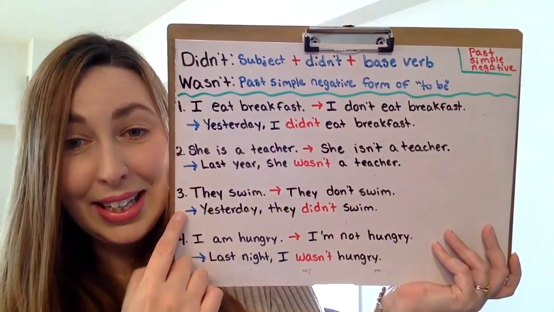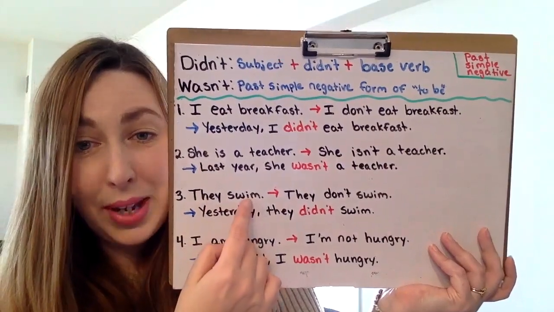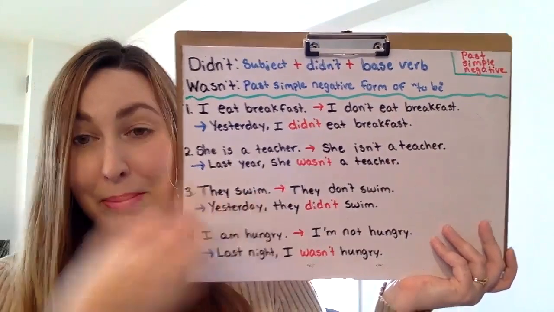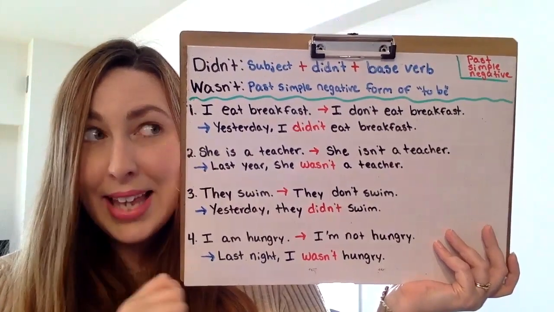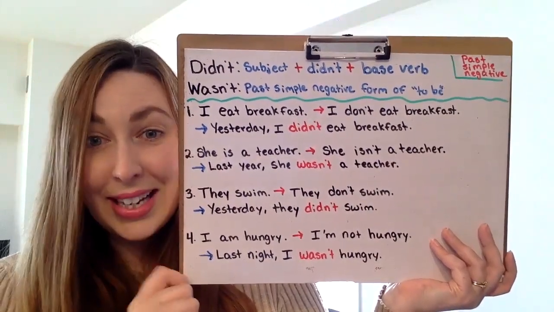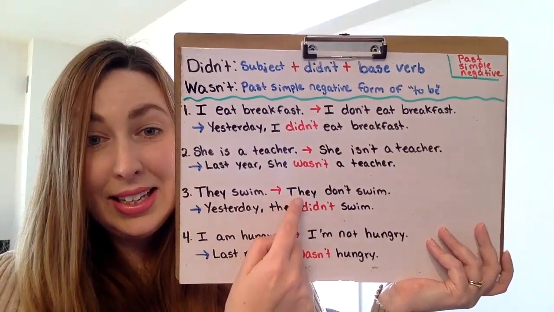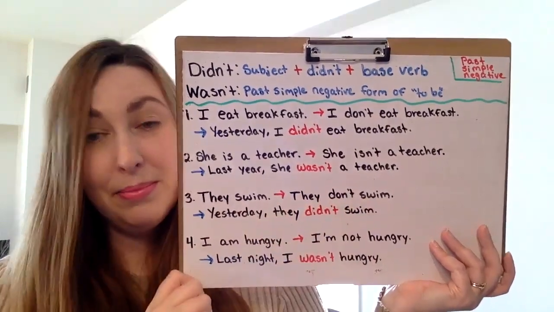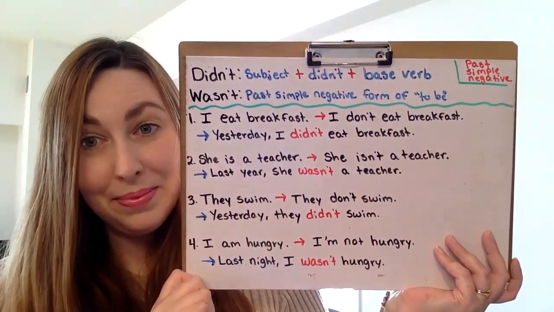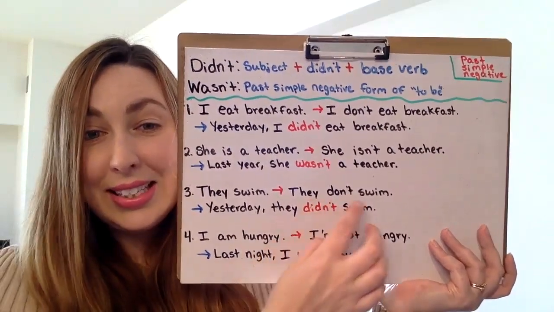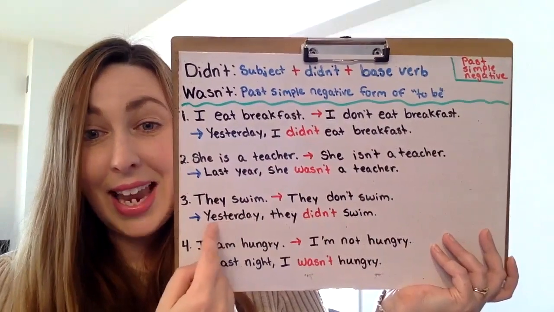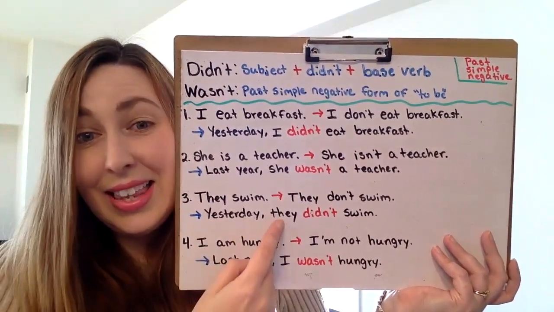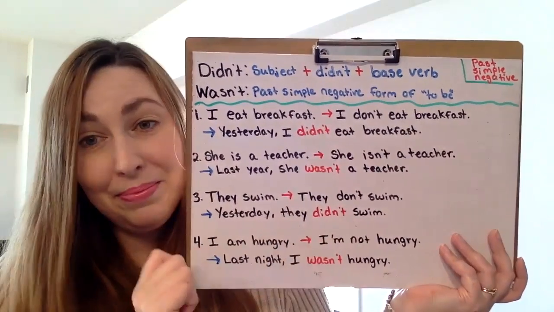Number 3: they swim. Very simple. Let's make that negative: they don't swim. Now let's put this negative sentence in the past. Let's say yesterday, they didn't swim.